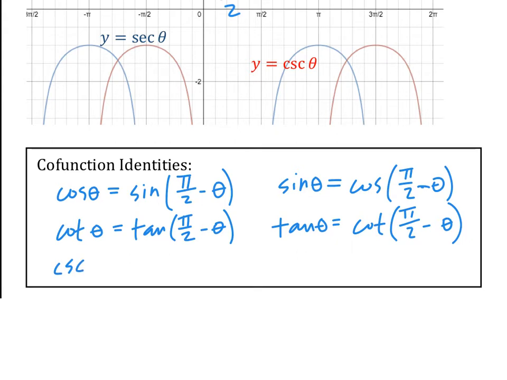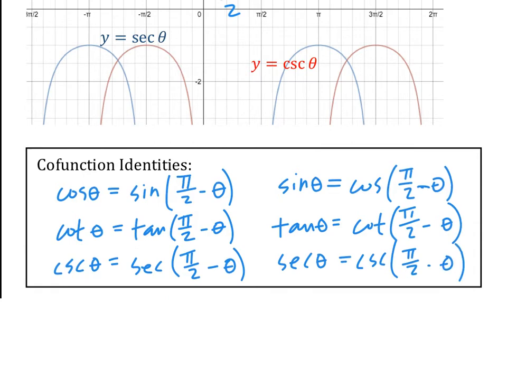What about cosecant then? What do you think it is going to be? Secant? Guess. Pi over 2 minus theta. Good. And then secant is going to be cosecant of pi over 2 minus theta.